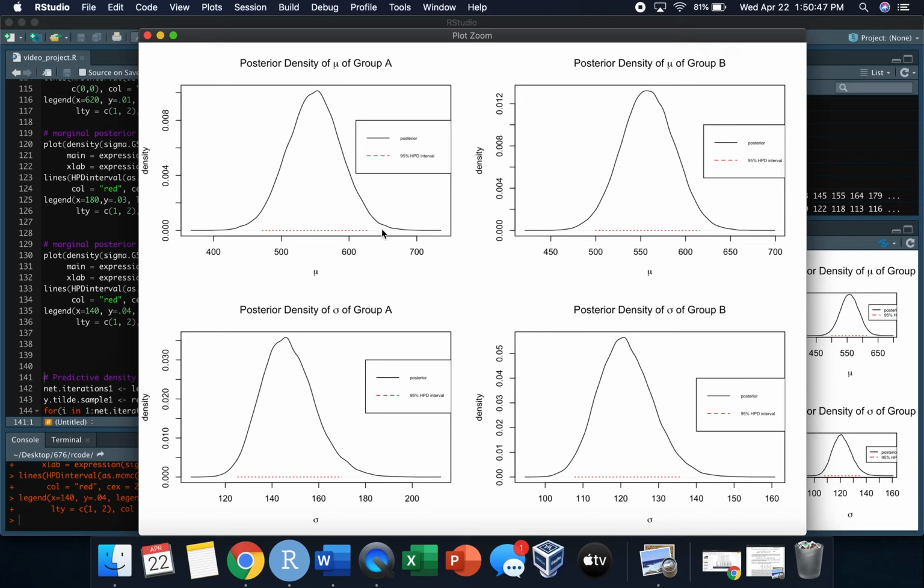You know, maybe group A is a little bit heavier on the right side compared to group B, but they're pretty similar. The main difference is with the standard deviation.